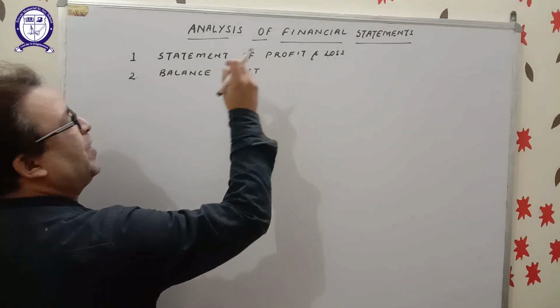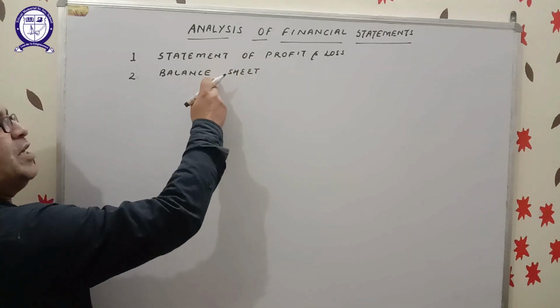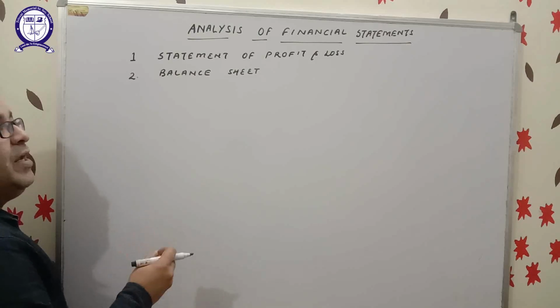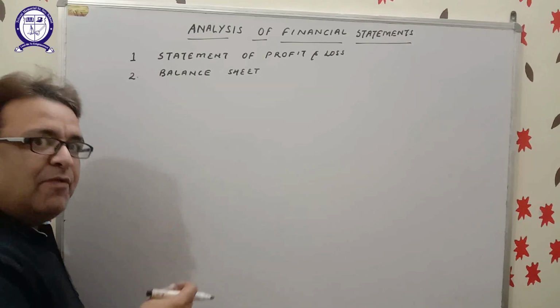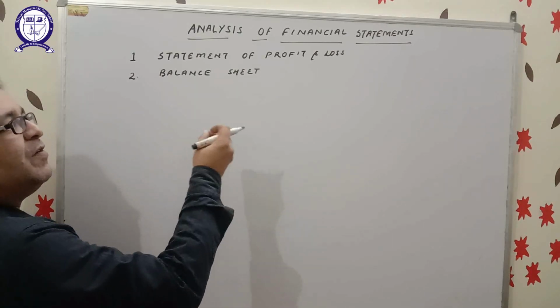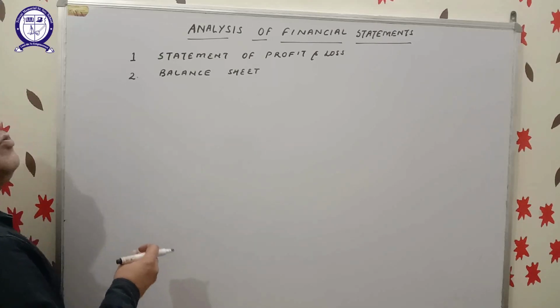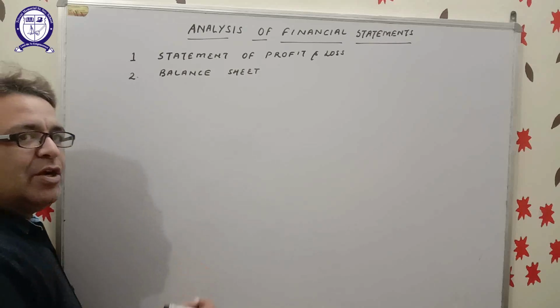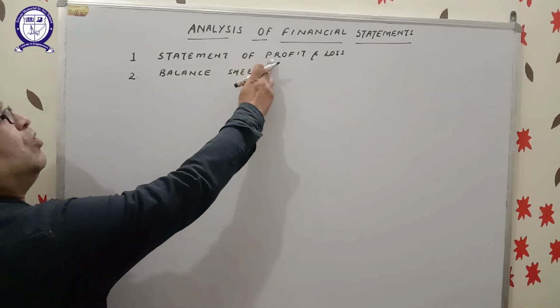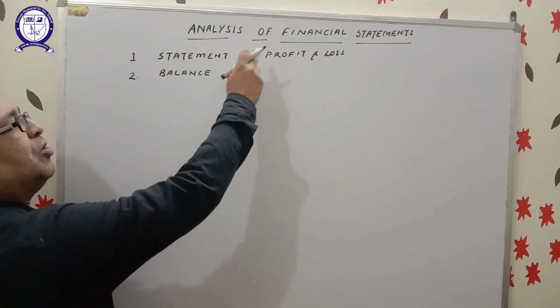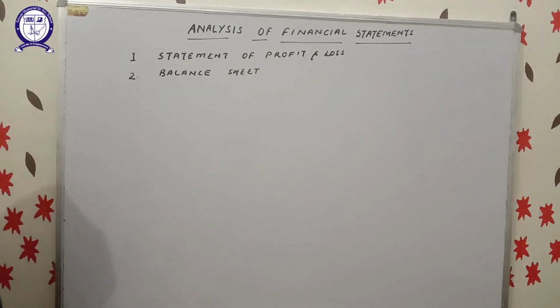There is a lot of data in both of the statements. To find the information of a business, we have to use some formulas and techniques to know the position of the business, to know the profit or loss of the business.